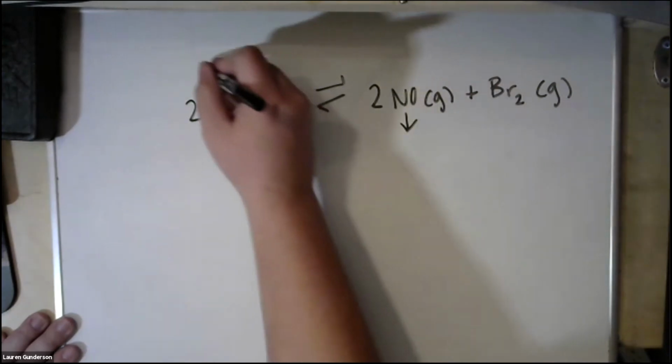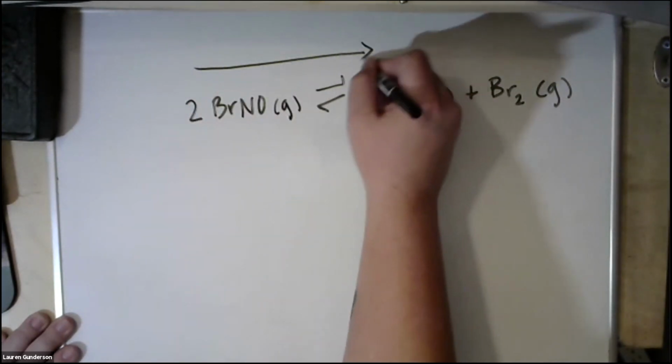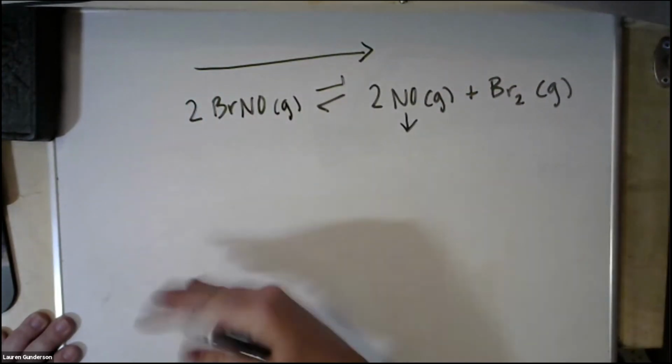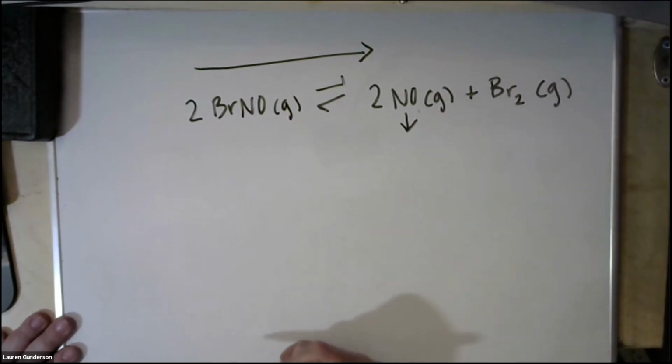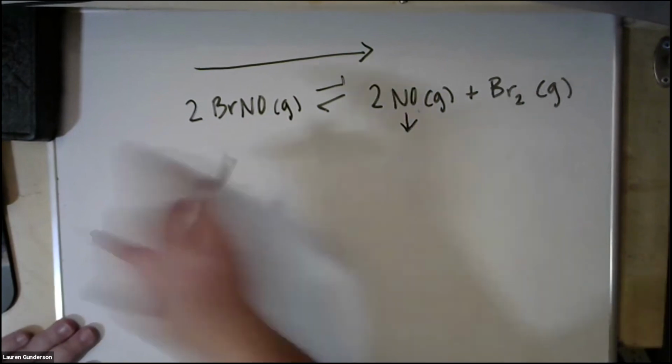So our reaction is going to shift to the right to try to produce more NO and reestablish that equilibrium. Okay. All right, let's look at the next one. There's a lot going on in this one.